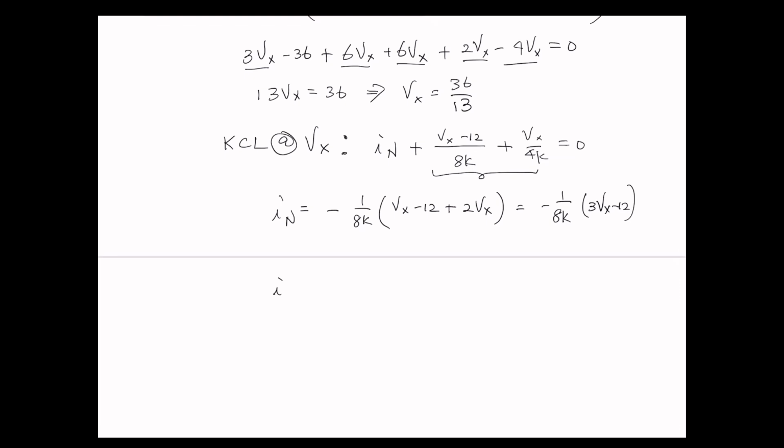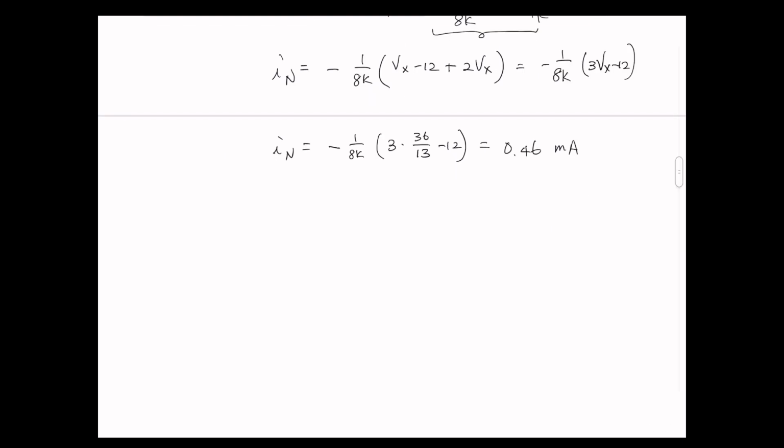Then I sub n equals negative 1 over 8K times 3 times 36 over 13 minus 12. Using your calculator, that is positive 0.46 milliamp.